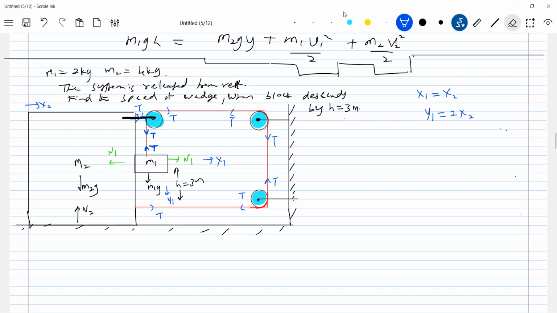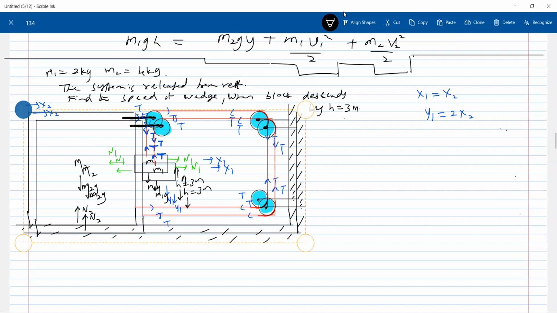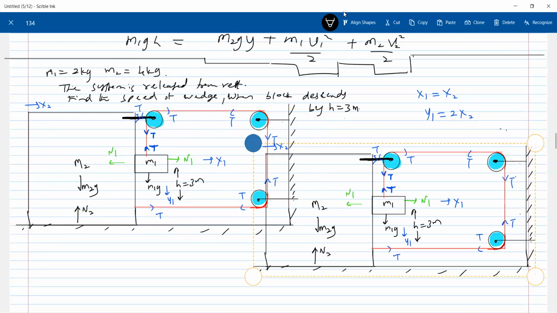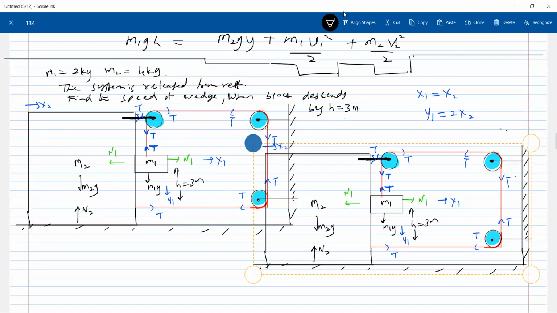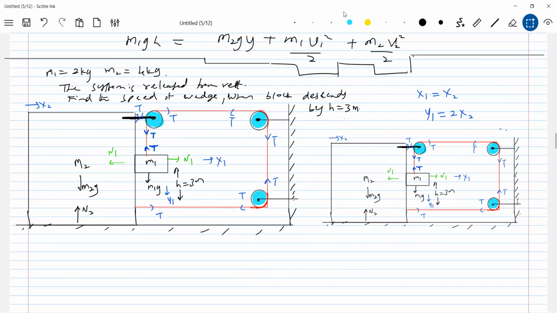I'll take one more diagram. Here I'll show only velocities. The velocity of the wedge will be v2x, the velocity of the block v1x, and what about v1y?